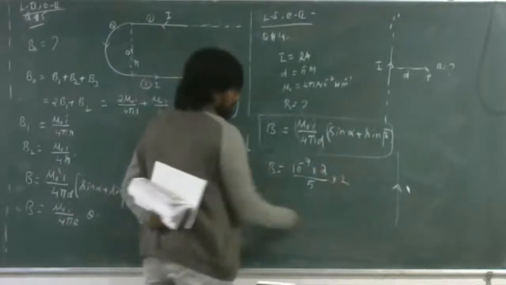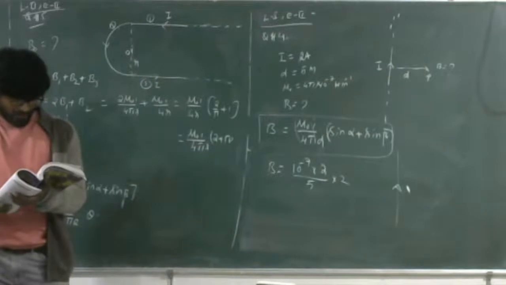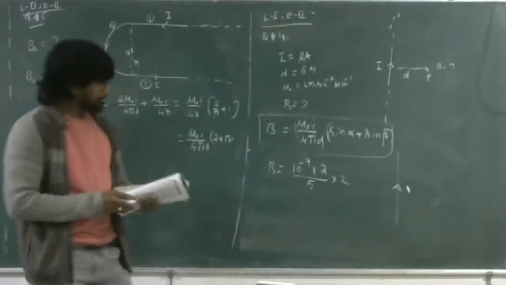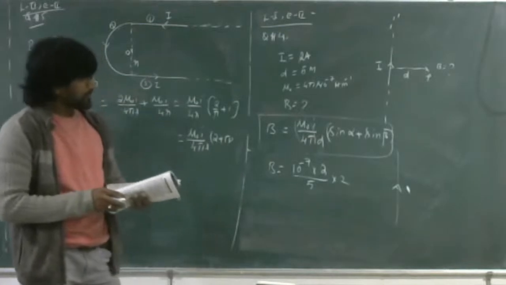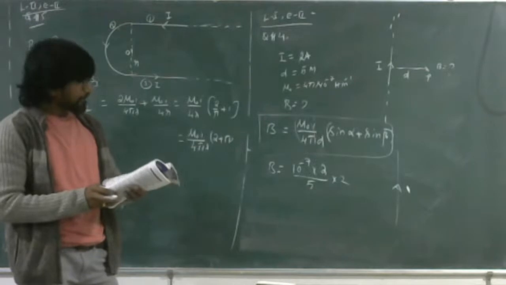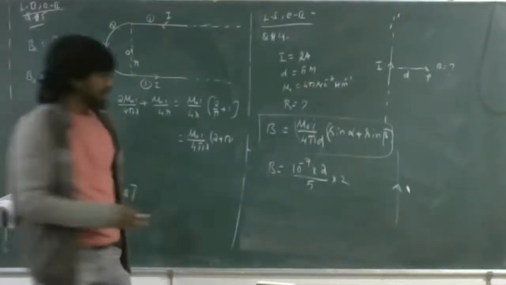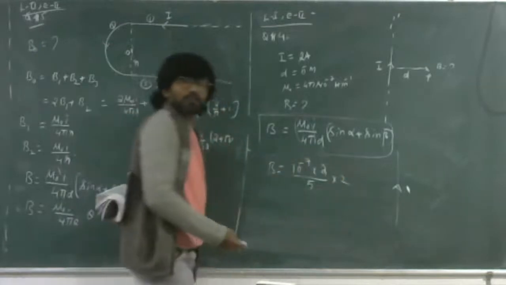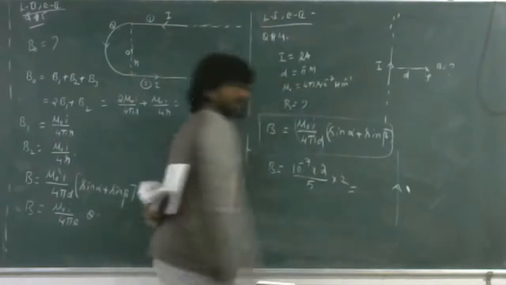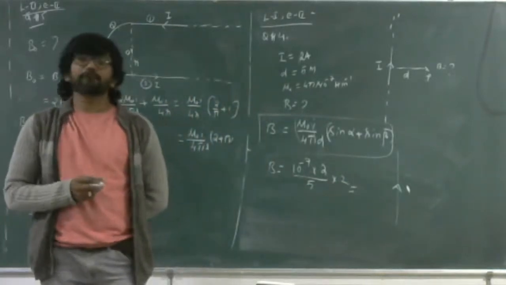So, how much is it? Which option is right? 2 into 2, 4. 1 by 5 is how much? 0.2.